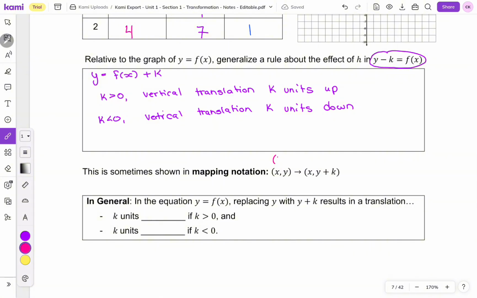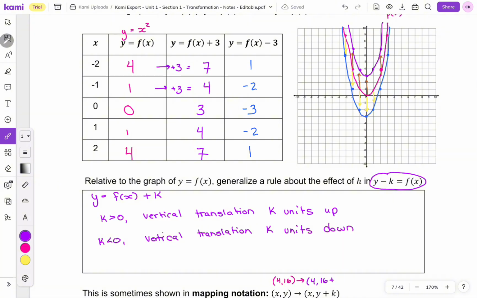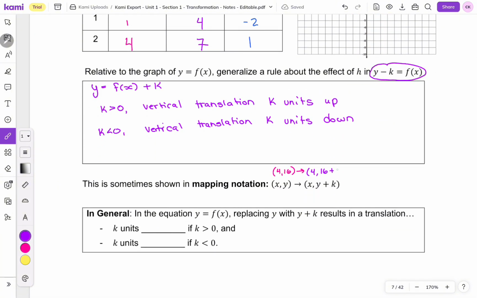If I had the point (4, 16), it's telling me that I'm going to keep the x value, which is 4, and I'm going to add k units. So let's say we're doing plus 3 here. So my new translated point is going to be (4, 19).